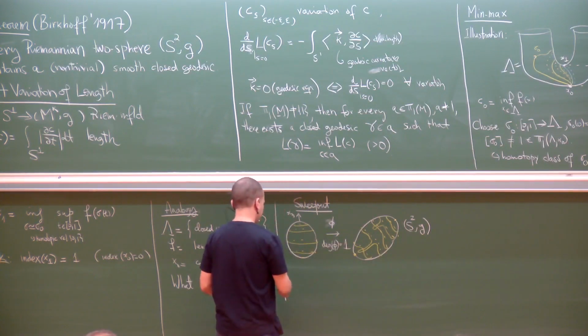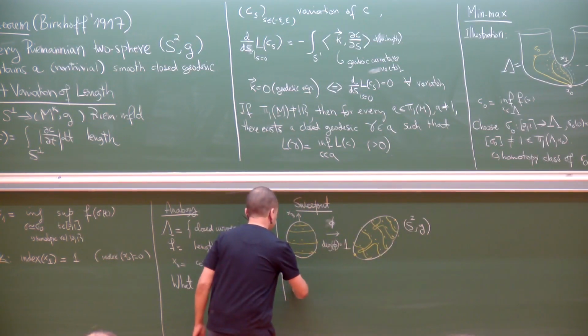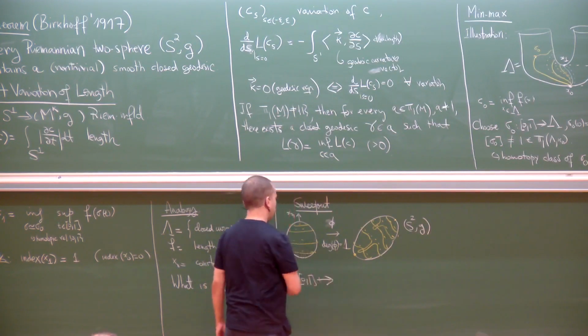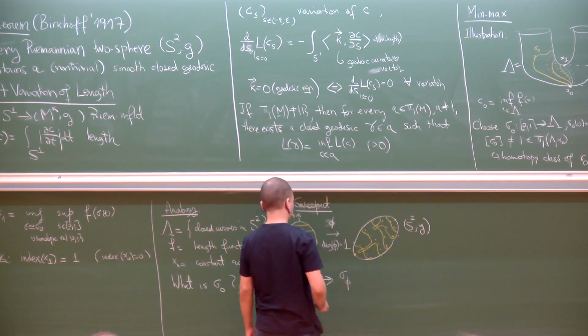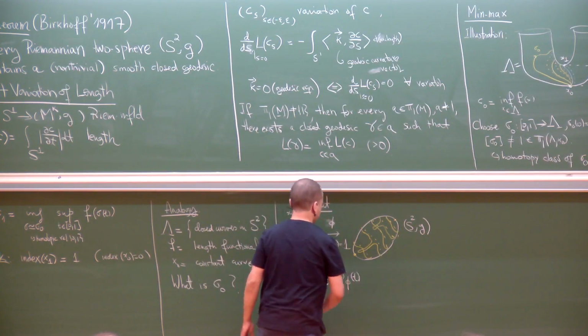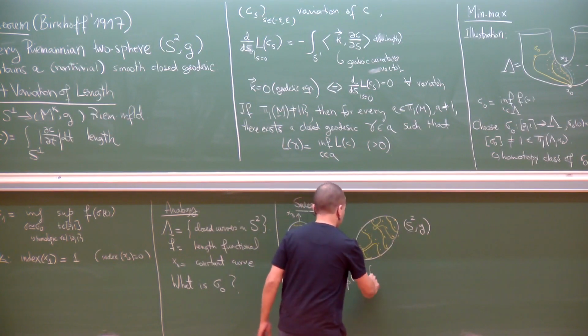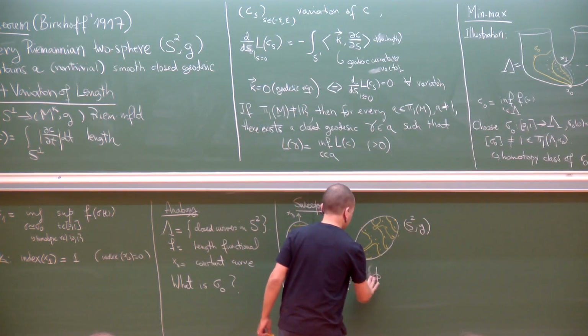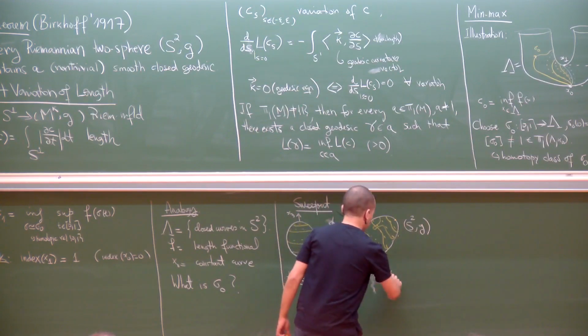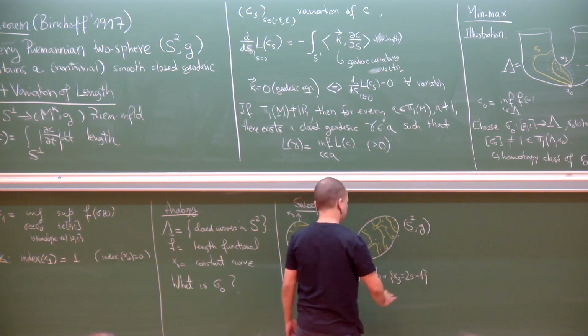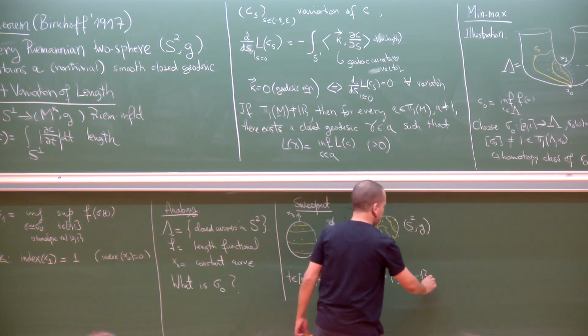For every t in the interval [0,1], I associate, let me call it sigma sub phi of t. This is going to be the image under phi of the curve x3 equals 2t minus 1, where t goes from 0 to 1.